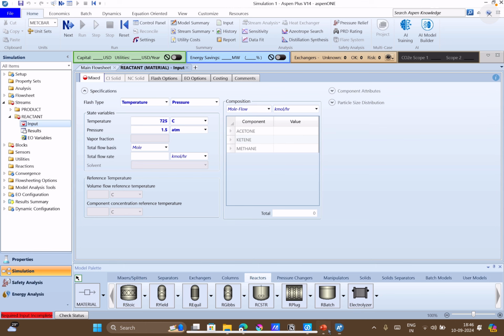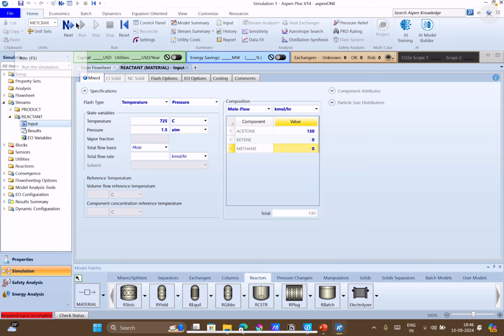Flow rate is given as 130 kilomole per hour, which is pure acetone. So let me write 130. Rest of the things are 0. So ketene and methane will be produced during the reaction, in the PFR part.